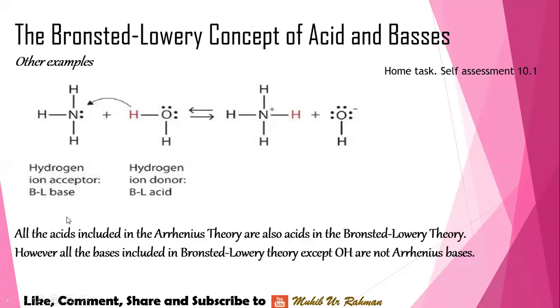All the acids included in the Arrhenius theory are also acids in Bronsted-Lowry theory. However, all the bases included in Bronsted-Lowry theory except OH negative ions are not Arrhenius bases, which means that the acids that were explained in Arrhenius theory are also acids in Bronsted-Lowry theory.